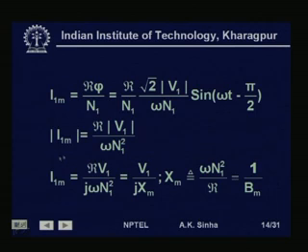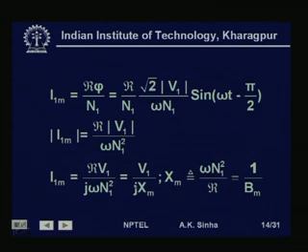Since we know that this current is going to lag the voltage by 90 degrees, we can write the phasor as I1m is equal to V1 into R by j omega N1 square, where this 1 by j is indicating a lag of 90 degrees, which is equal to V1 by jXm.